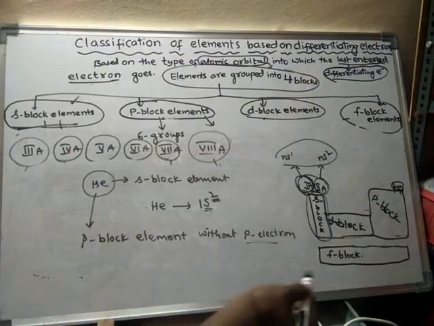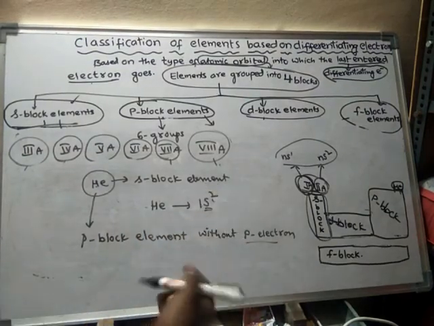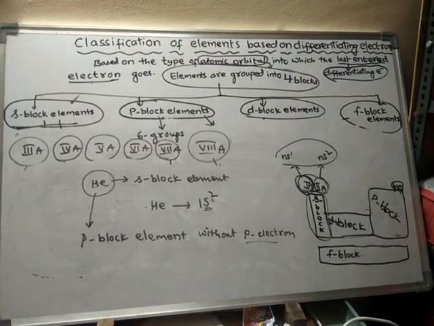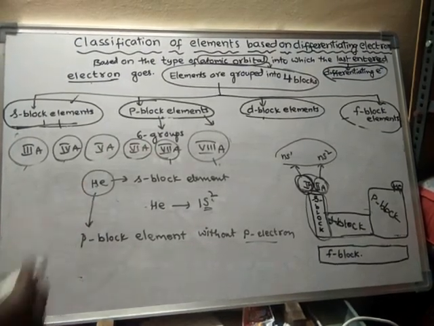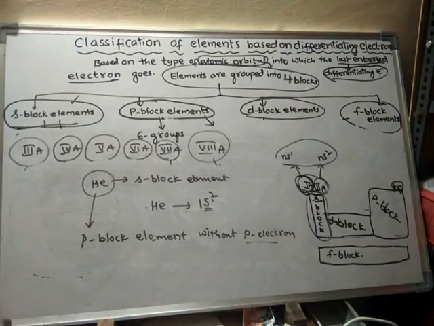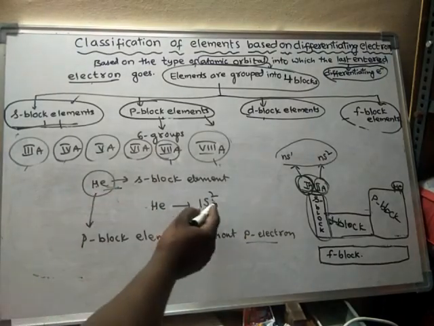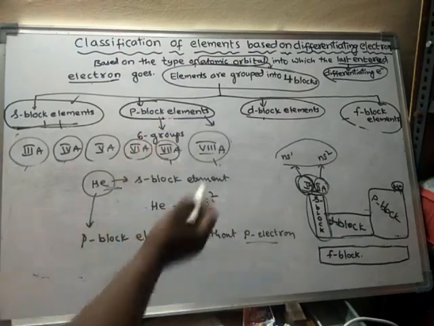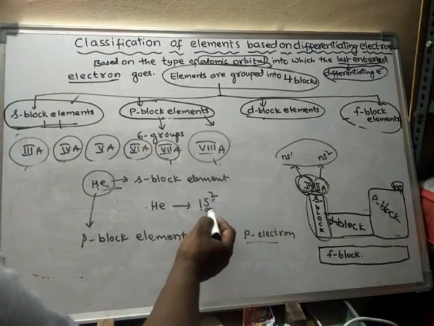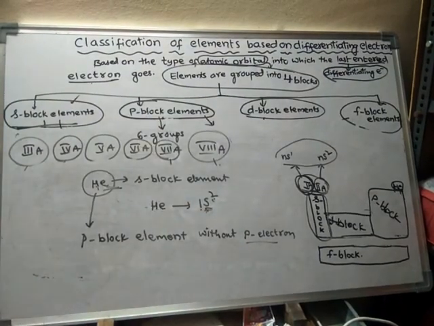So in helium there is no p electron at all. The only P block element without a p electron is helium. Position wise, helium is said to be a P block element, but by definition helium belongs to the S block, because the last entered electron enters the s orbital.